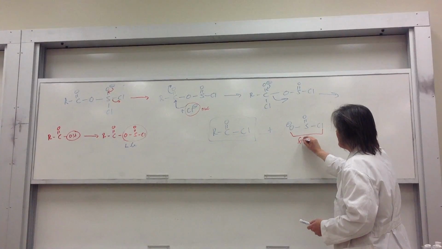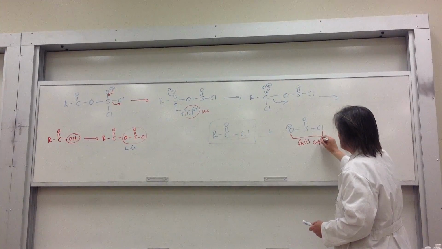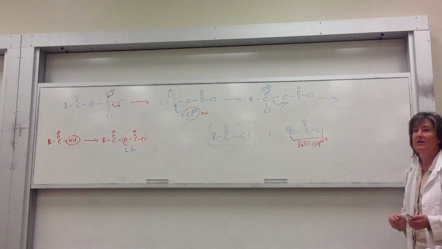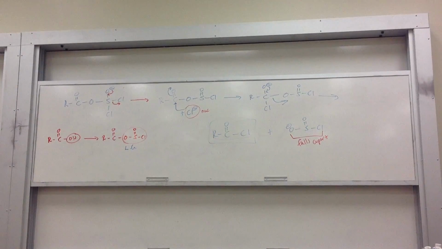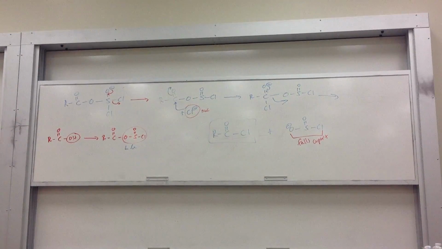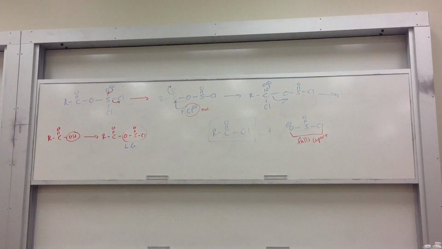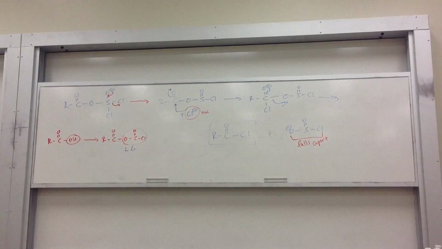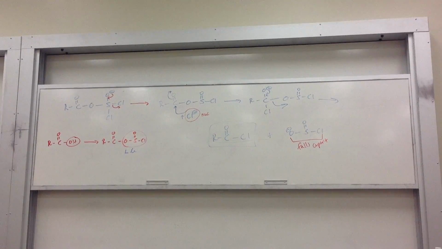This actually falls apart. It's not tremendously stable. And you get byproducts, but we don't care about it. So no one ever even writes that out. There it is. So it's kind of a long, complicated mechanism that we just sort of poof, get an acid chloride.